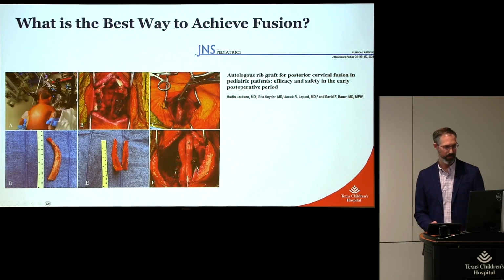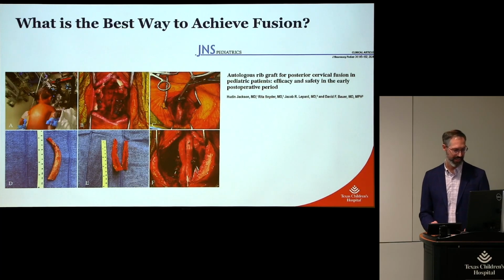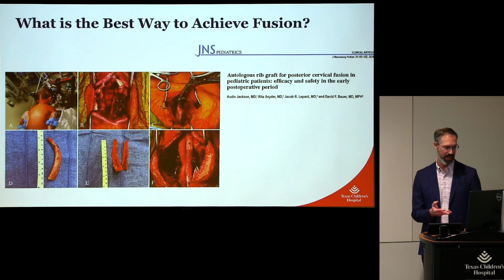This is the piece of rib that's fused between the skull and the spine. I had a follow-up publication looking at the technique for fusion, because a lot of my colleagues were asking me how I was able to get such a high rate of fusion. I found a 100% rate of fusion using this technique. These are some operative pictures that you can find in the article looking at the Chiari decompression and the screws.